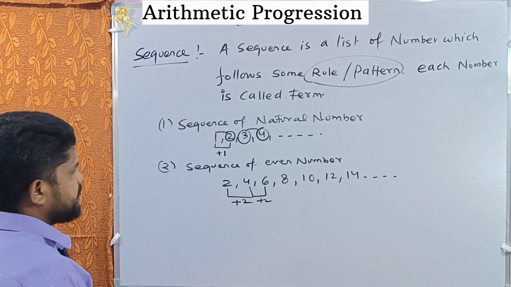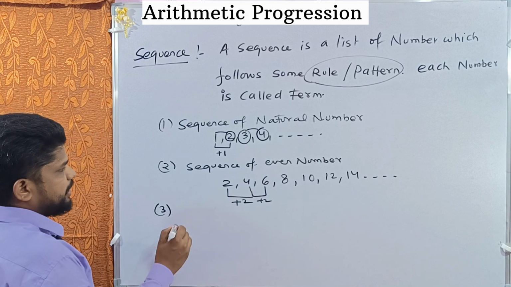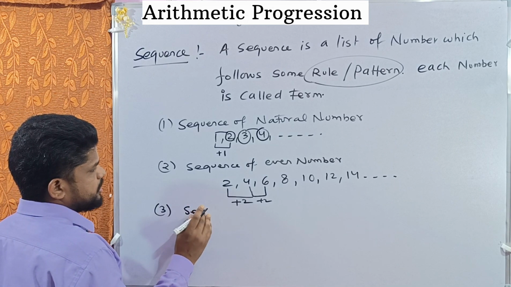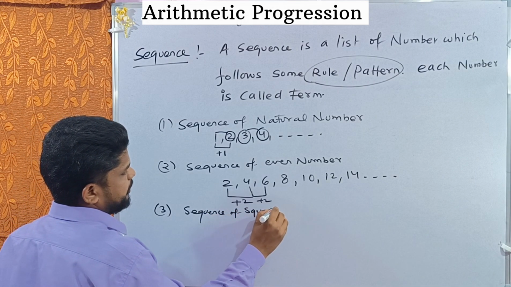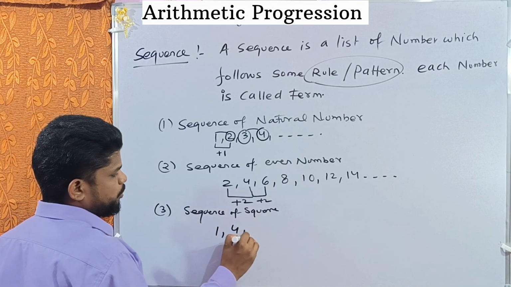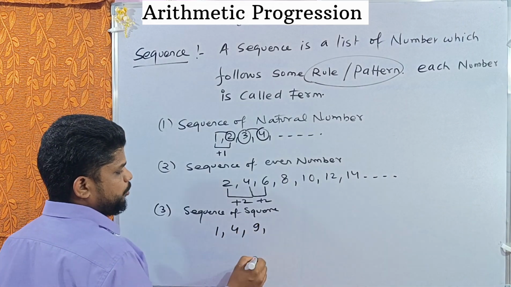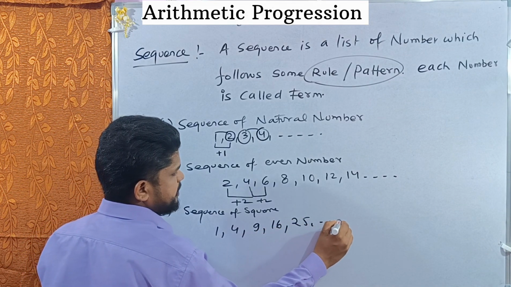Let us take more examples. Suppose I am writing the sequence of squares, like 1 square is 1, 2 square is 4, 3 square is 9, 4 square is 16 and 25, and so on.